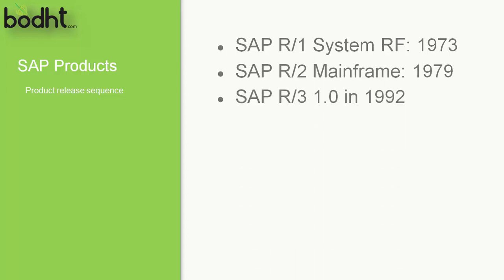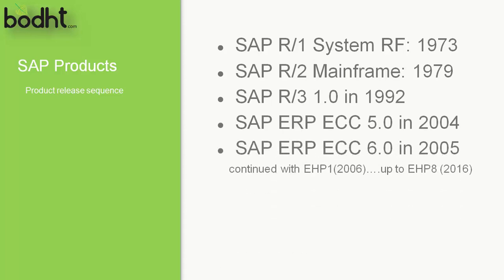SAP R3 1.0 was in 1992. SAP ERP ECC 5.0 was in 2004. And the latest one, SAP ERP ECC 6.0, in 2005.